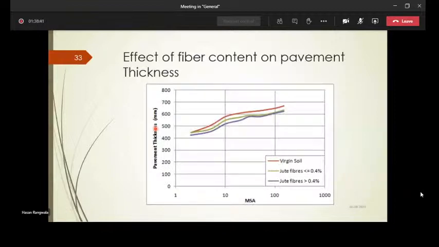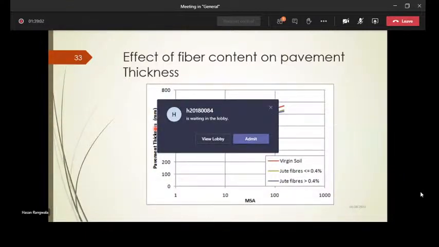Then we performed the design of the pavement, or rather the design of the subgrade. We have seen that for various percentages of fibers, we got the thickness of the pavement ready. The benefit of this reduction is solely that we save material.